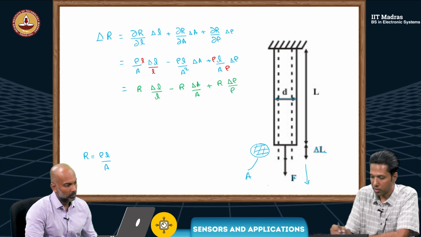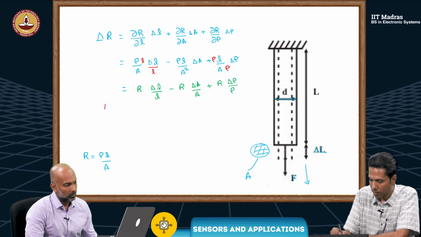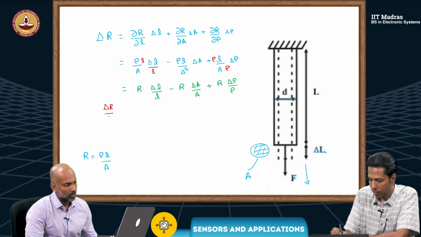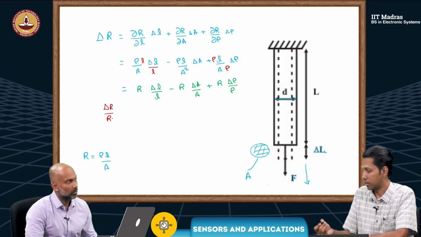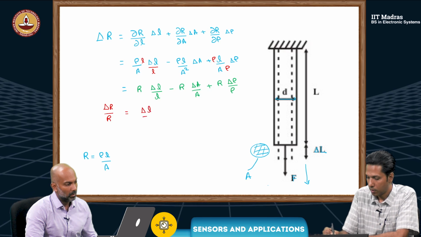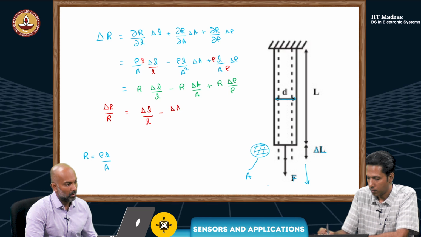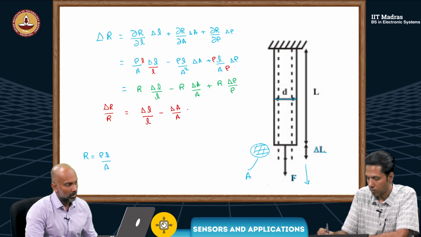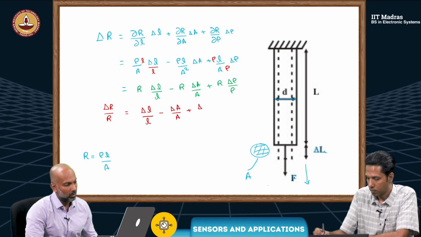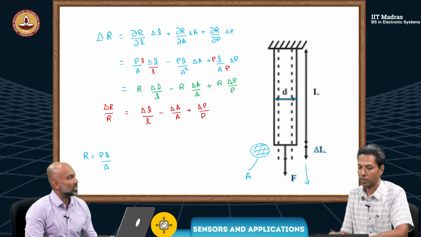So now I can comfortably write delta R by R, which is the relative change in resistance, equal to delta L over L minus delta A over A plus delta rho over rho.